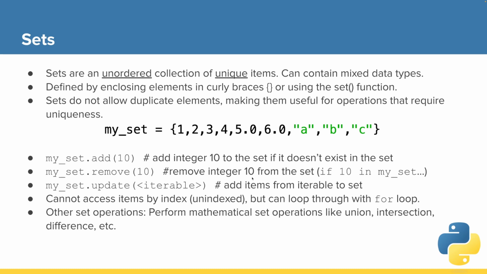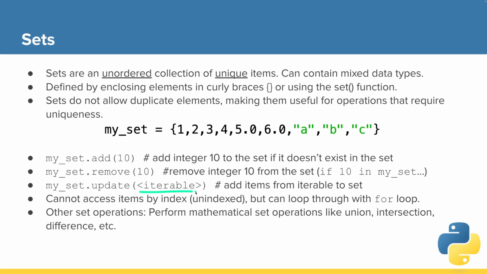If it's not in the set, it will throw an error. So there's a way to work around that where we can just check if 10 is in the set before we remove it. I'll show you an example of that here in a minute. And we can also update our set, which takes in an iterable, multiple values, and adds those values to the set.